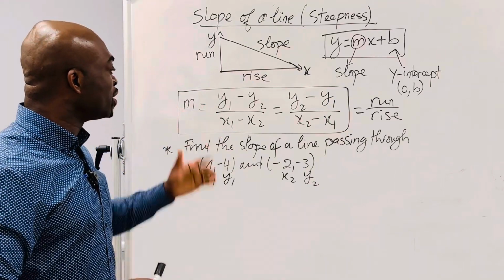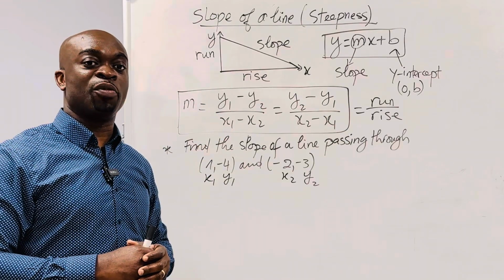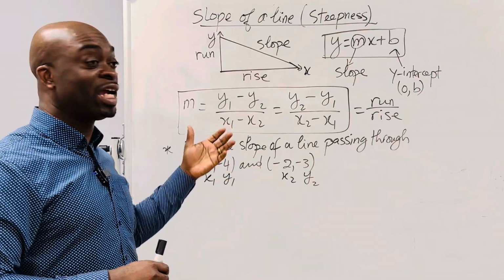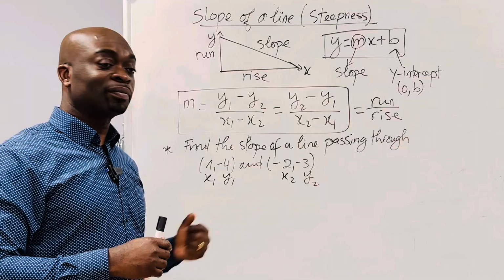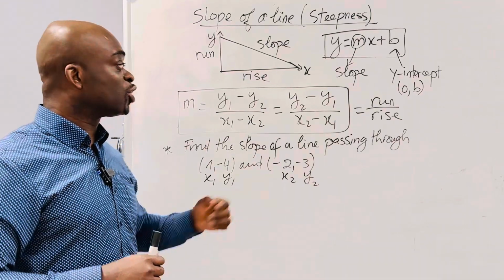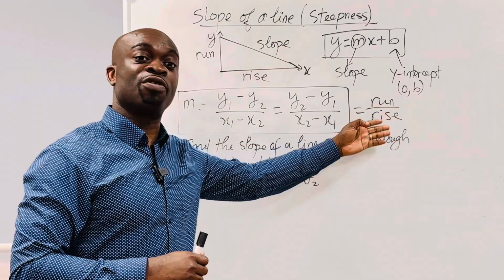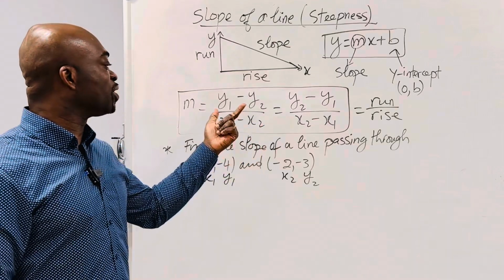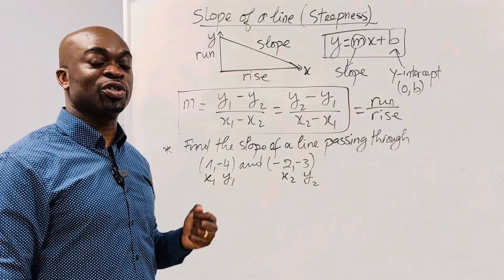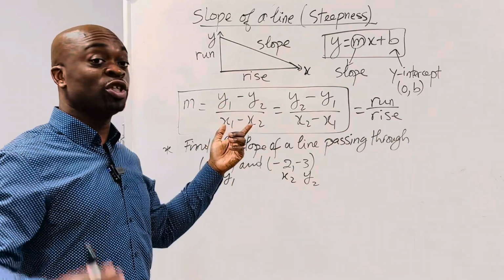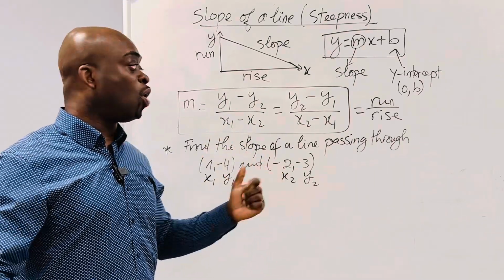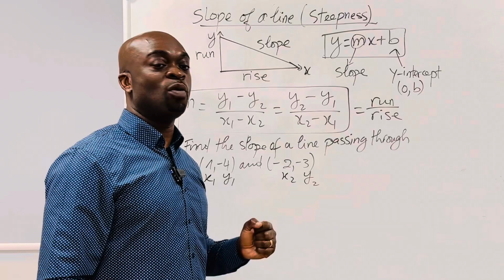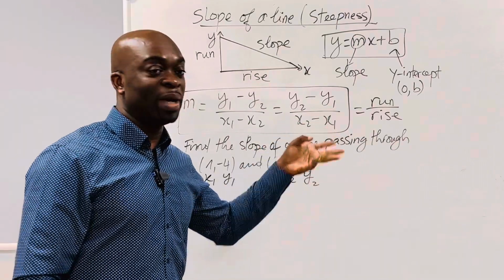Now, what is the formula of a slope here? That's the same thing as the change of y over the change of x, the same as run over rise. So that's y1 minus y2, the coordinates of 2 points, over x1 minus x2, or y2 minus y1 over x2 minus x1.